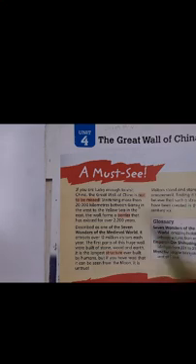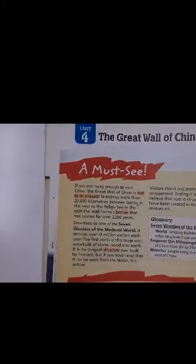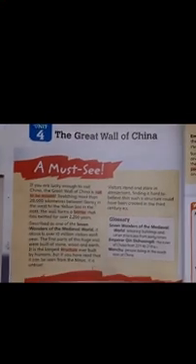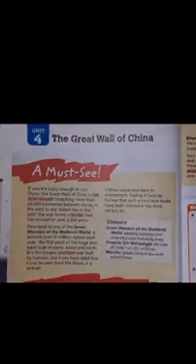This article over here, it is a magazine article. Okay, this is written for a magazine. If you see the language, children, if you are very lucky enough to visit China, the Great Wall of China is not to be missed. Okay, so this is a magazine article. The Great Wall of China, a must-see, is a magazine article.